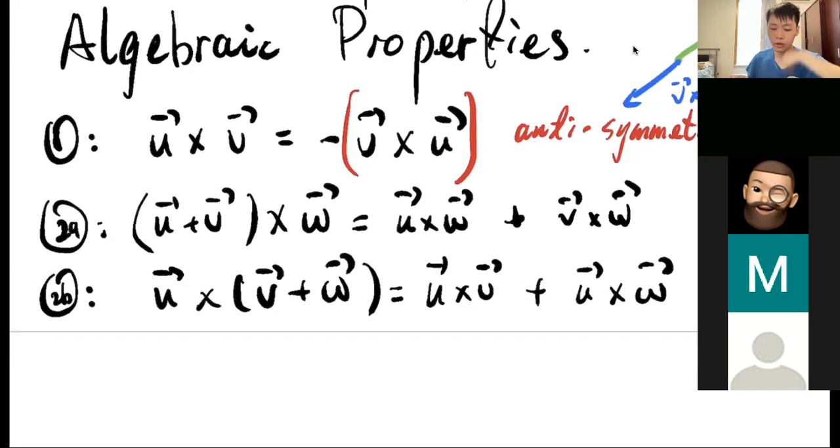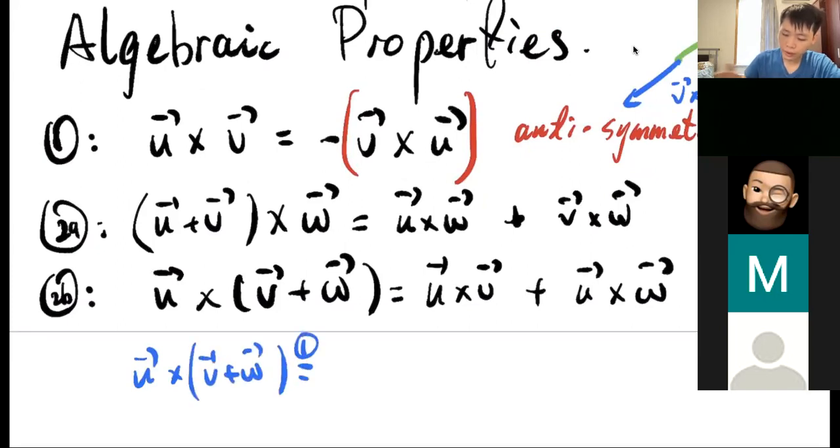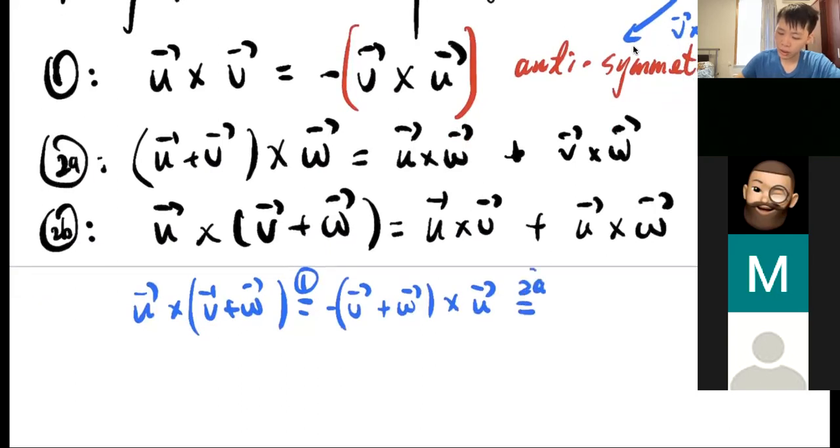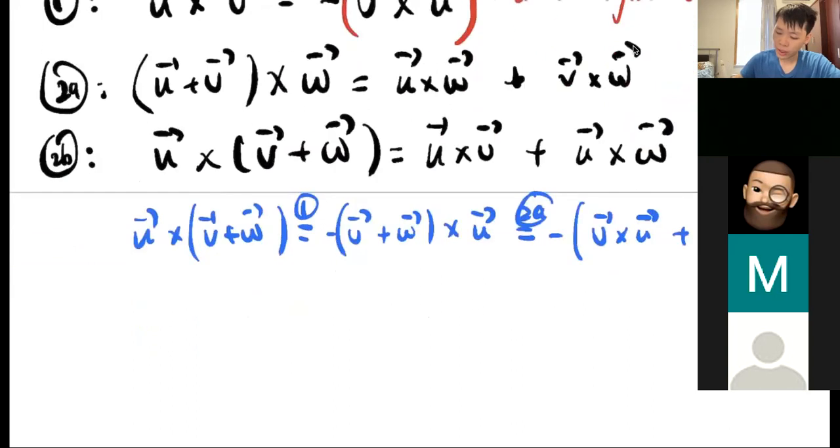To write down why 2B holds, well, U cross V plus W, by rule number 1, is minus of V plus W cross U. And then by 2A, you can write it down as V cross U plus W cross U. And then you use 1 again. You just flip V cross U and W cross U to the different order.